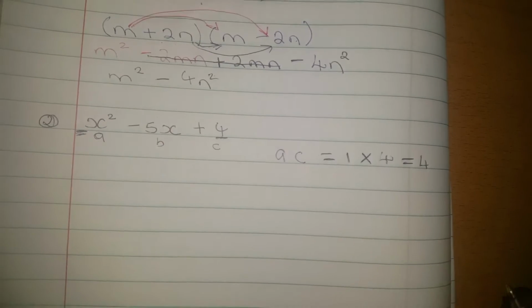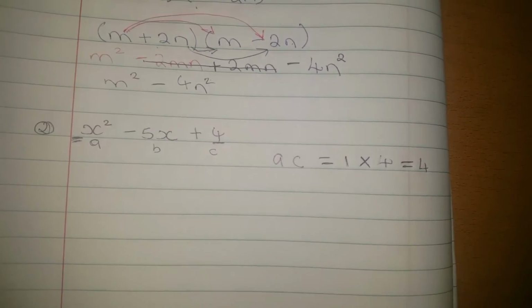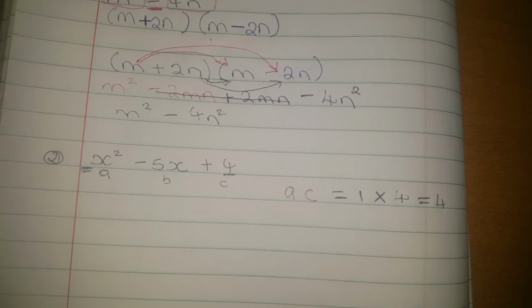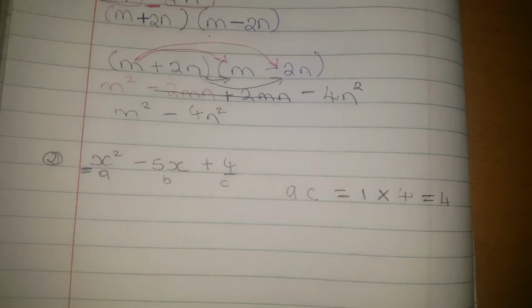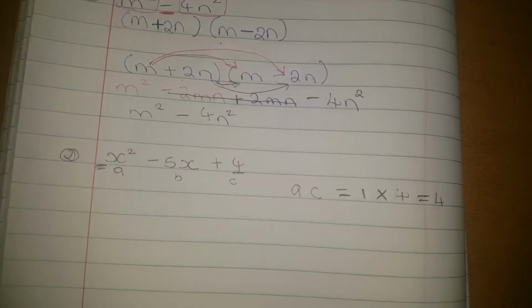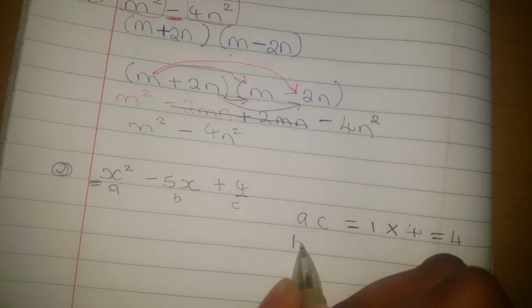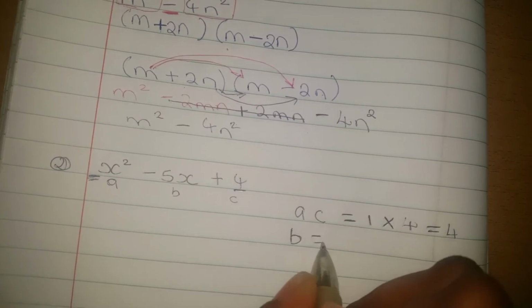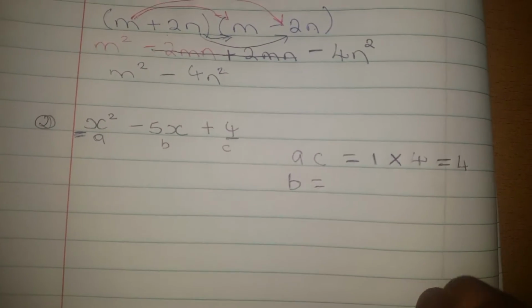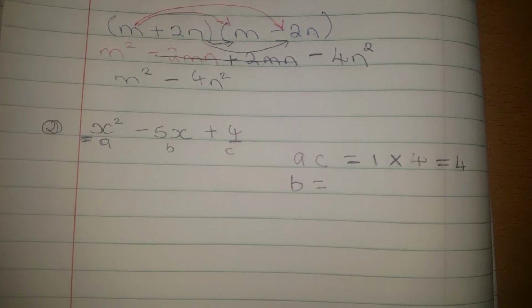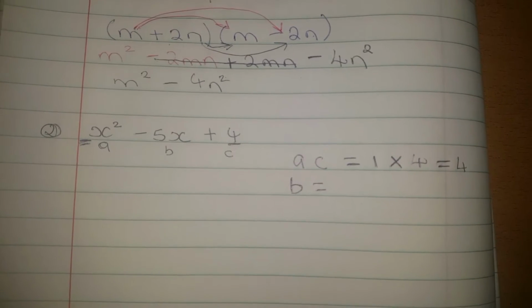There is another relationship too, where the value of AC can be used to figure out exactly how we got B. So B is equal to any two numbers that we can add together to get -5.